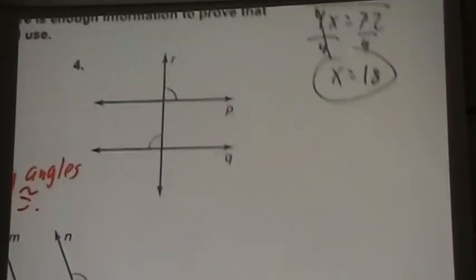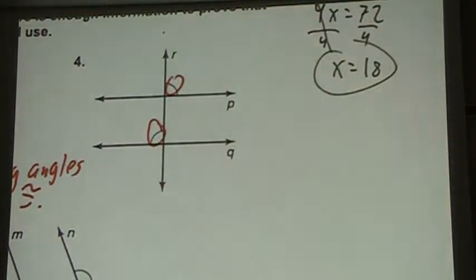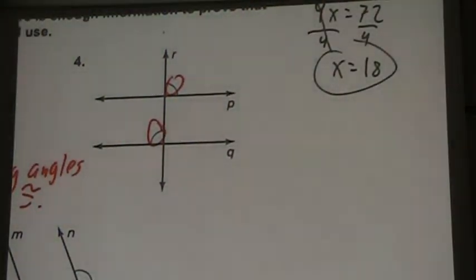Number 4, do these guys have a special relationship? They're on different sides of the transversal, but they're not both inside, they're not both outside. There's no special relationship there, so we don't force the lines to be parallel.